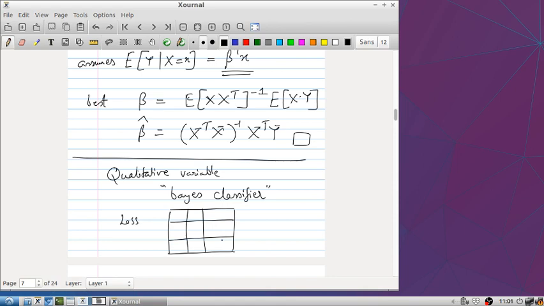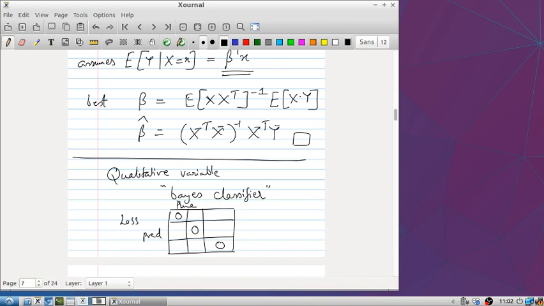So I'm drawing a 3x3 matrix because there are 3 classes, and on one side I'm going to say what was the truth and on the other what did you predict. If the truth is cat and you predicted cat, I'm not going to penalize you, as in I'm going to set the loss to be 0. If the truth is dog and you also said dog, it's fine. If the truth is fox and you also said fox, it's fine.